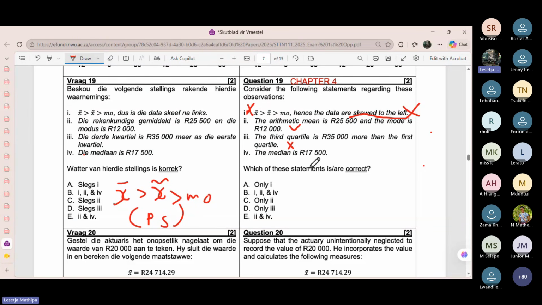Now remember, this is your last exam. I'm not talking about the second opportunity exam because I don't believe that the students who joined my session now will write the second opportunity. Now you can see that this thing is easy. So this is your last exam for statistics, and make sure that you get distinction with this module.